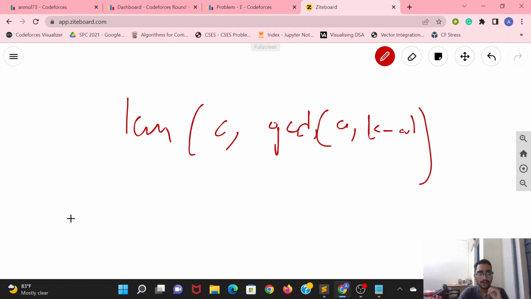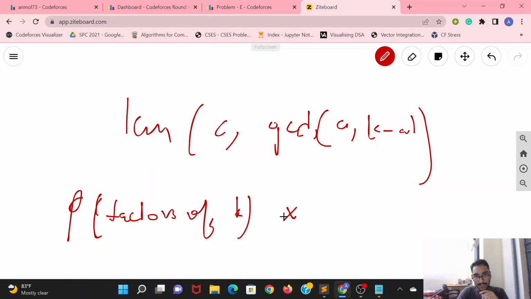Now this will basically come out to be the sum over all the factors of k of phi of k by I, times LCM of c comma I, where I is some factor of k.